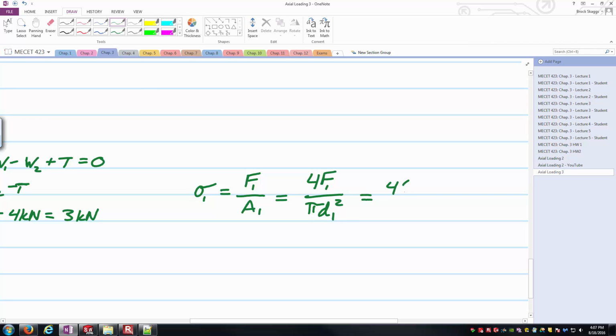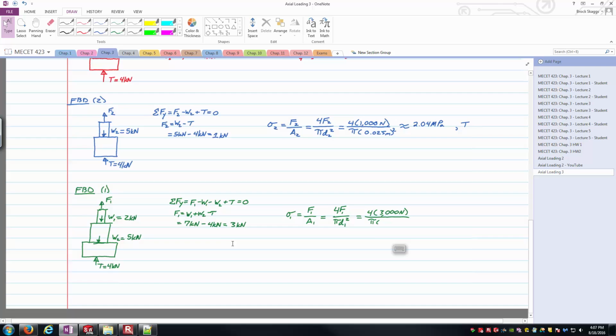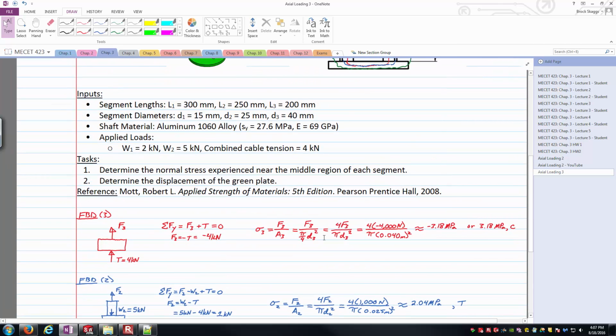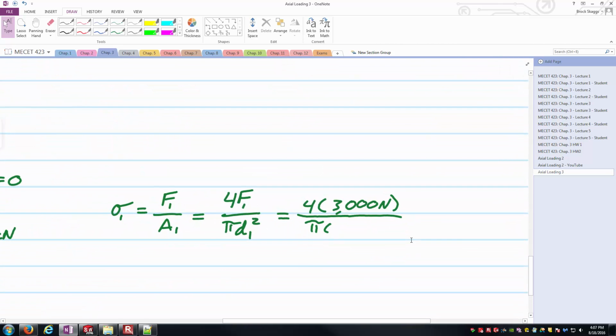Right subscripts now. So this was 3,000 newtons all over pi and D1. What is D1? We'll come back up here. D1's 15 millimeters. So again, back to base units, 0.015 meters squared.